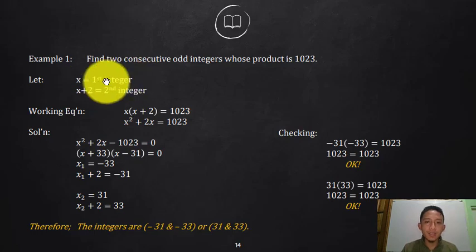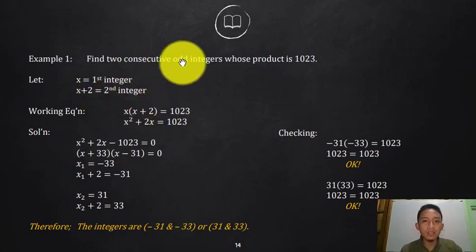If x is the first integer, then x plus 2. Why is it plus 2, not plus 1? Because we are talking of odd integers. There is a number between these two, so their difference is 2. Just like for even integers, there is a number between.